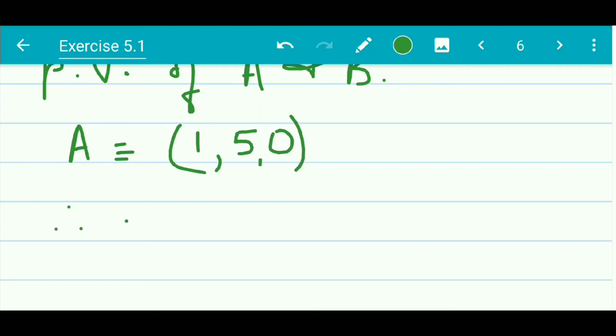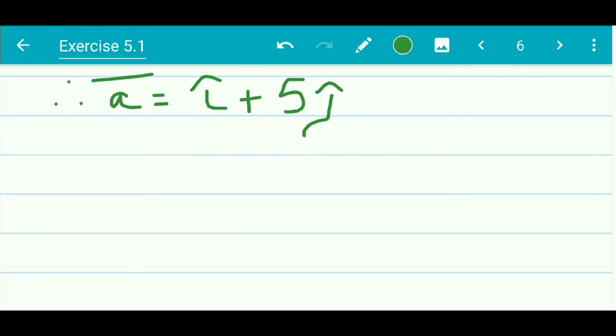And therefore, we can write A bar in terms of IJK, A bar becomes I cap plus 5 j cap. K term is 0. So, this becomes A bar. Also, AB vector is given to us in the question itself, isn't it? So, AB is given as 2I minus 4J plus 7K.